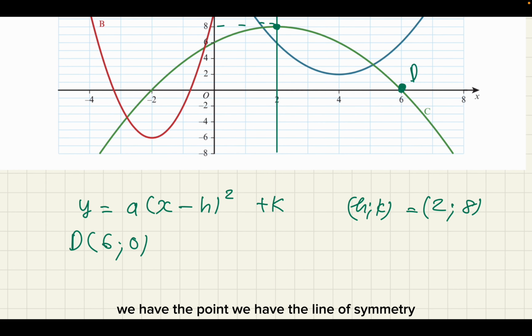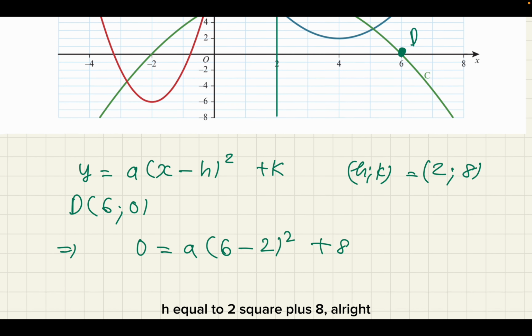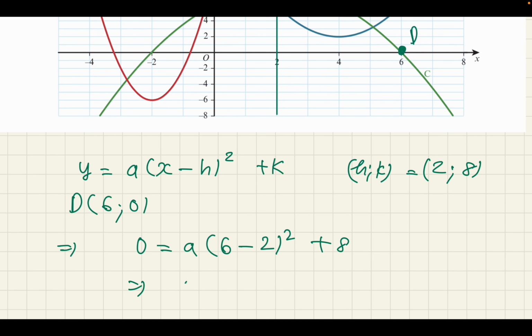We have the point and we have the line of symmetry. Plug them into the equation. So y equals 0, which means 0 equals a times (6 - h), which is (6 - 2) squared, plus 8. So 0 equals a times 4 squared, 6 minus 2 is 4, 4 squared is 16, plus 8.